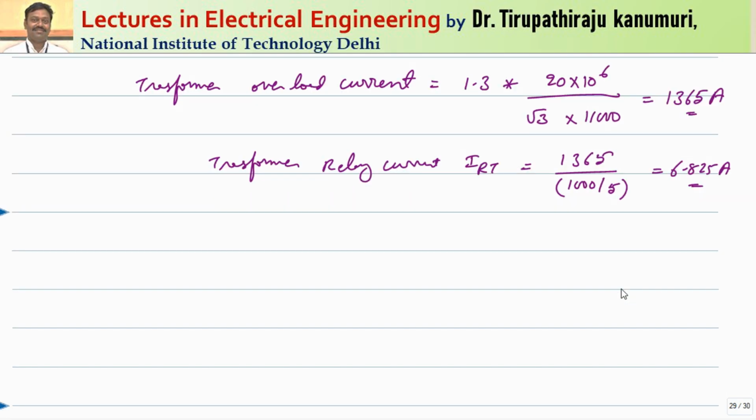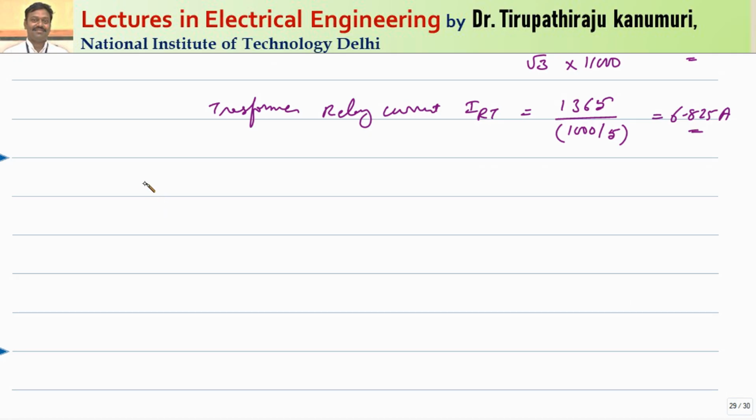So now what should be the transformer pickup current? The transformer pickup current will be equal to the plug setting multiplied by the secondary side current. The secondary side current of your CT is 5.